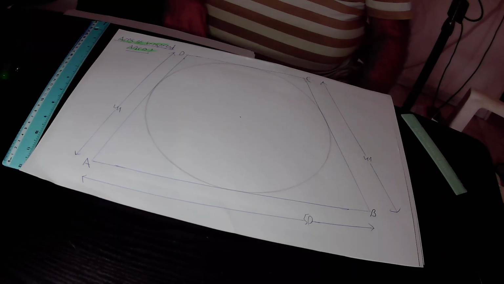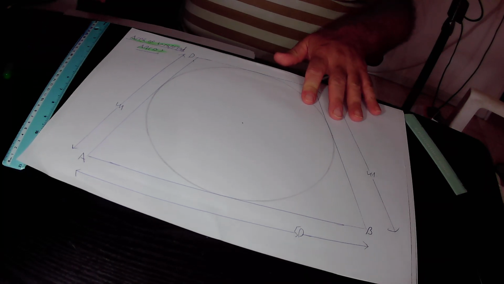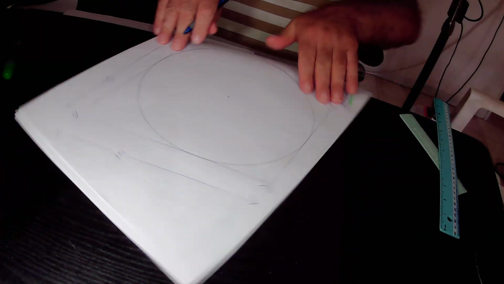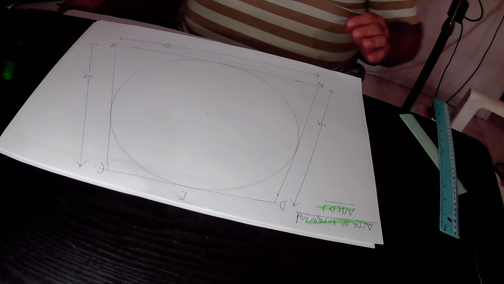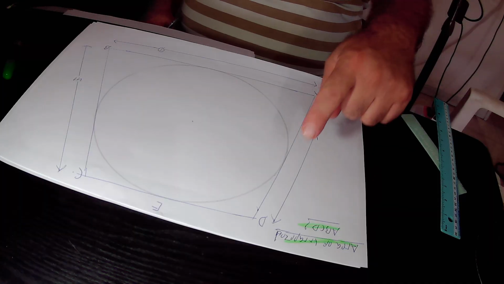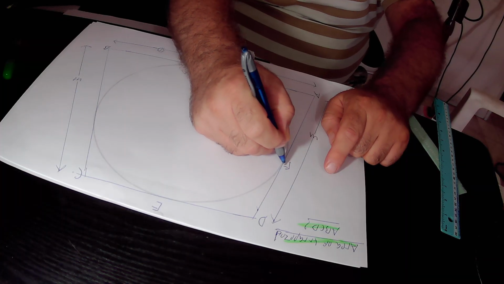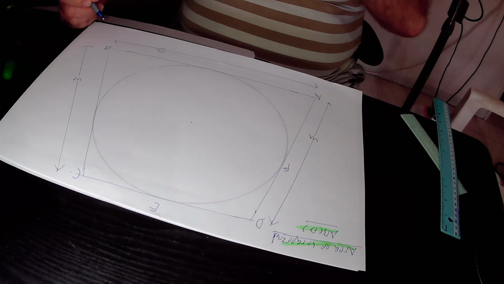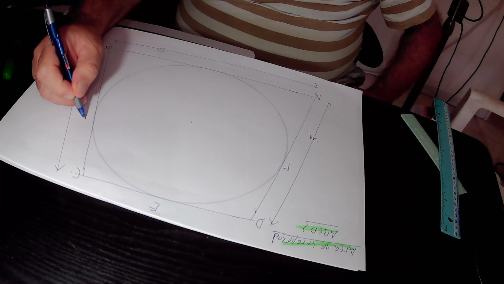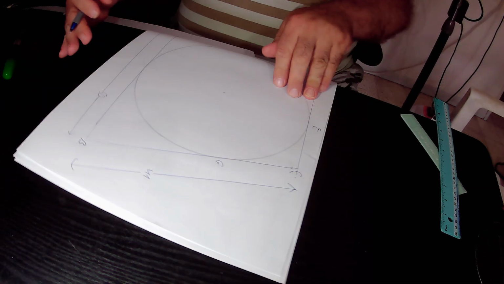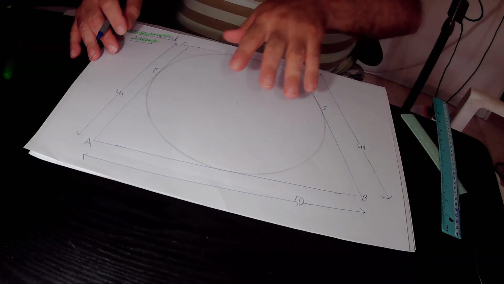We'll define the point of tangency of tangent DC with this circle as point E. We'll define the point of tangency of tangent DA with this circle as point F. We define the point of tangency of tangent CB with this circle as point G. And finally, we define the point of tangency of tangent AB with this circle as point H.